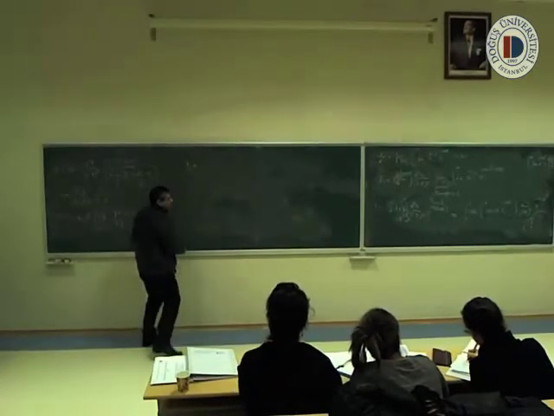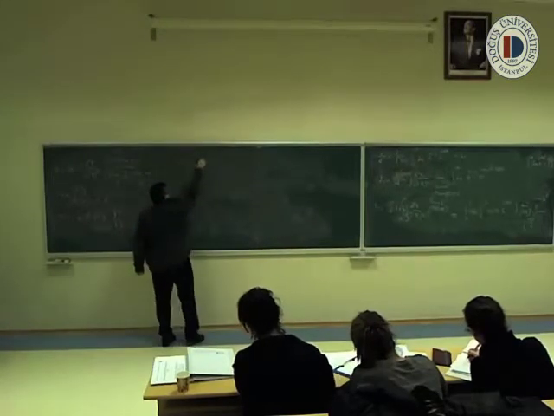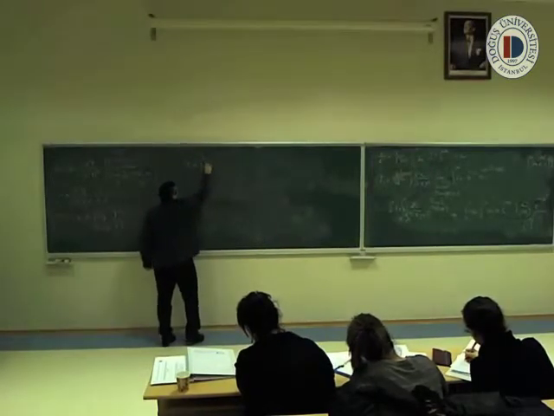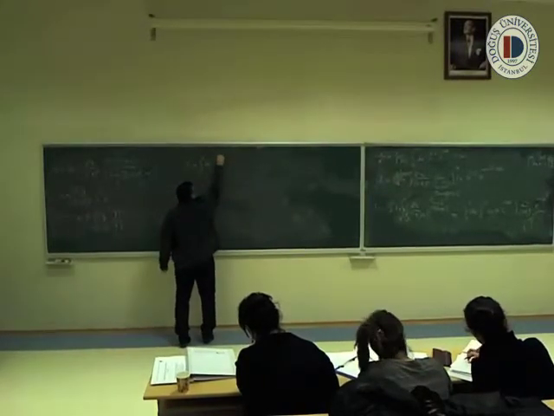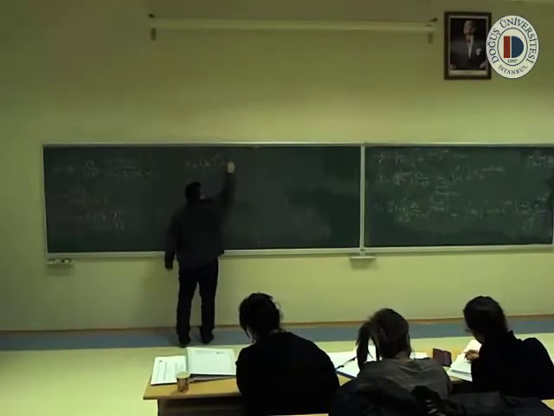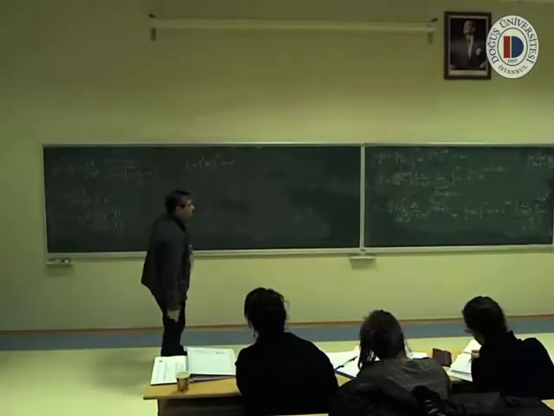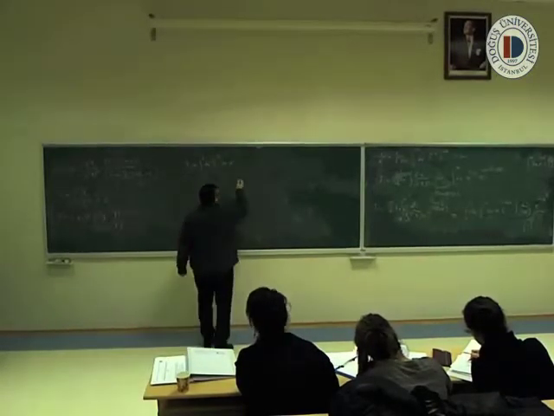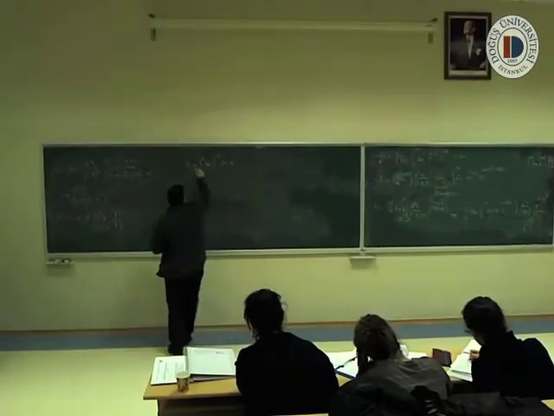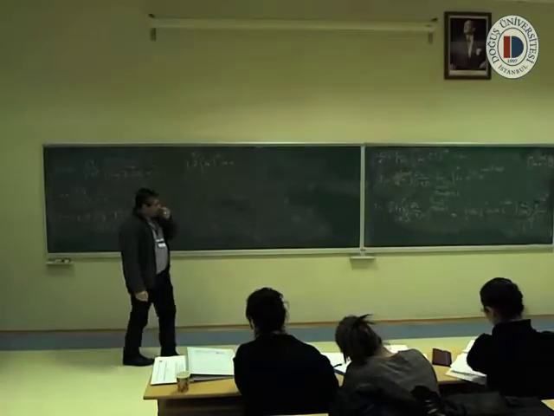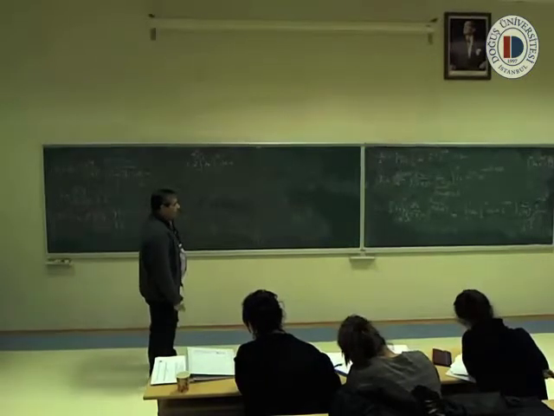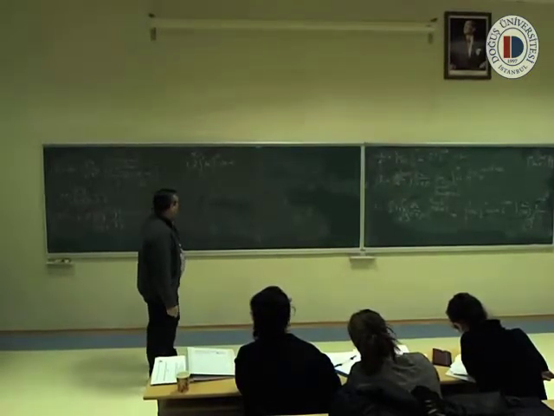Now our integral I1 is equal to the integral from 0 to 1 dx, the integral from 0 to infinity d alpha. I also write the pi squared out of the integrals, and I have alpha to the power 4 in the denominator.